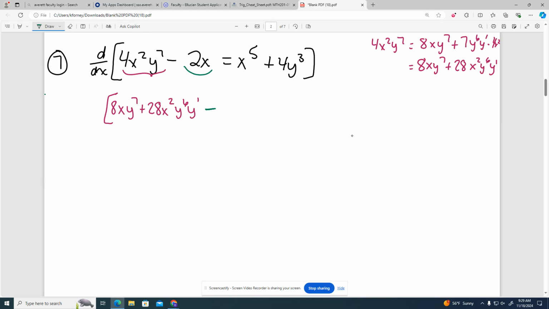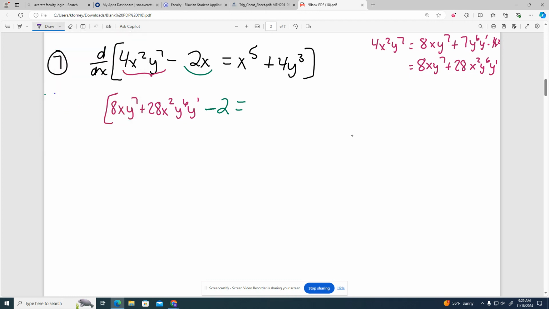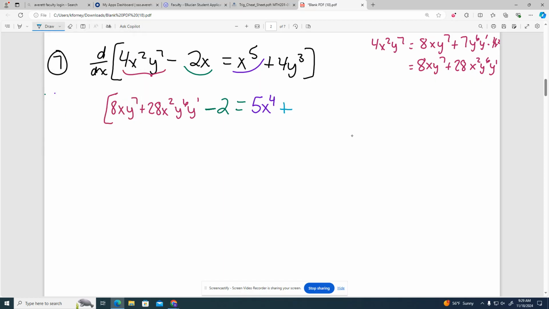Now the derivative of 2x is 2, equals the derivative of x to the 5th is 5x to the 4th, and then plus 4y cubed becomes 12y squared y prime. I guess I don't really need the brackets.